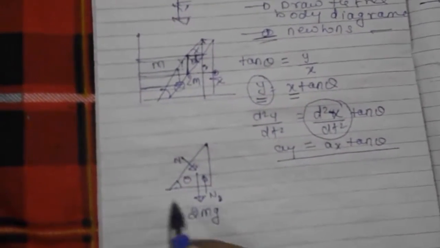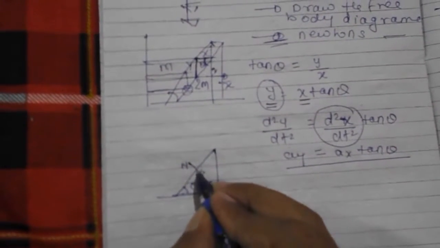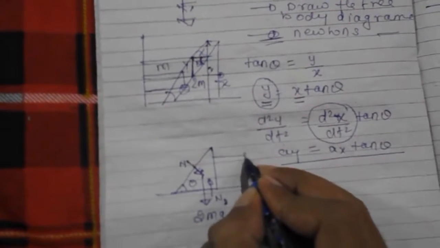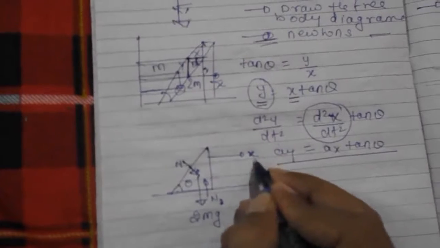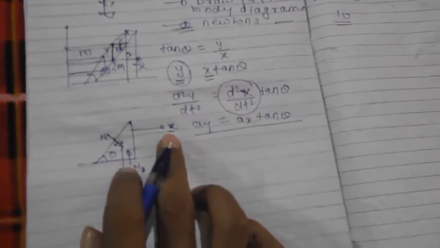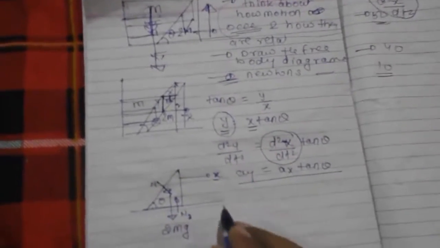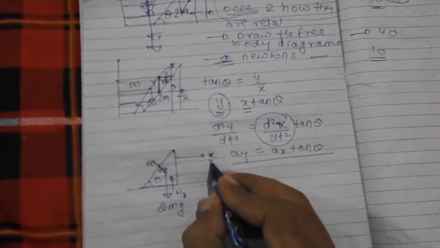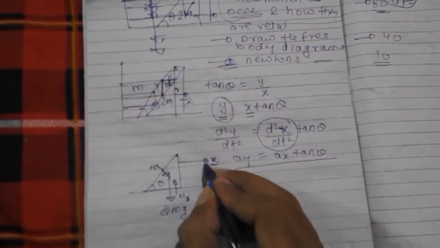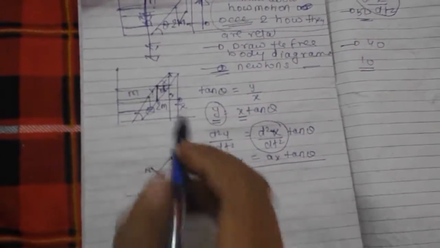There is no motion in the vertical direction. The only motion is in the x direction. So I should take this direction as my principal axis, my x axis, and perpendicular to it my y axis.